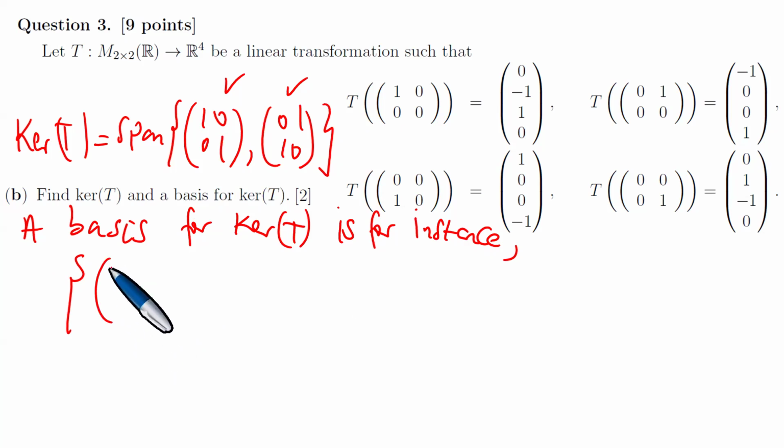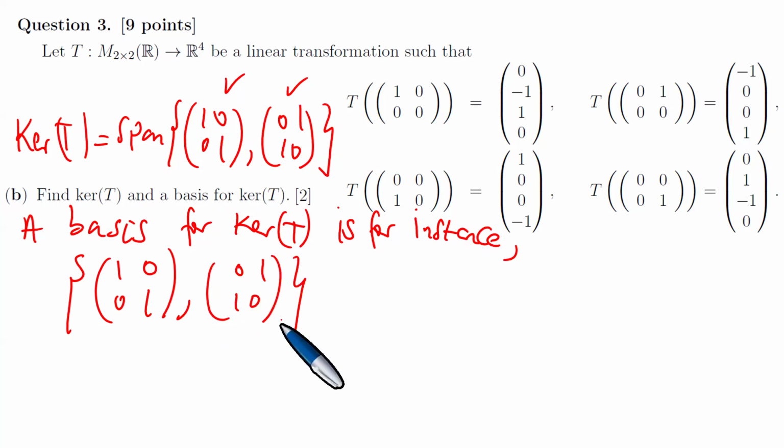So we observe that 1001, 0110, this one here, a basis for the kernel is, for instance, this here. So there are many bases that one can give, but this is just one basis for the kernel of T, or for the null space of T.